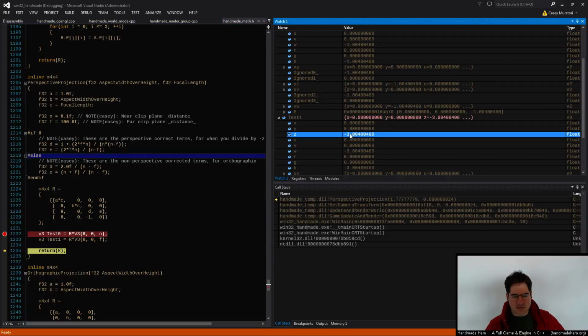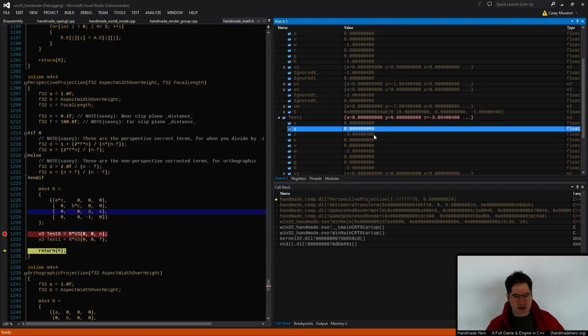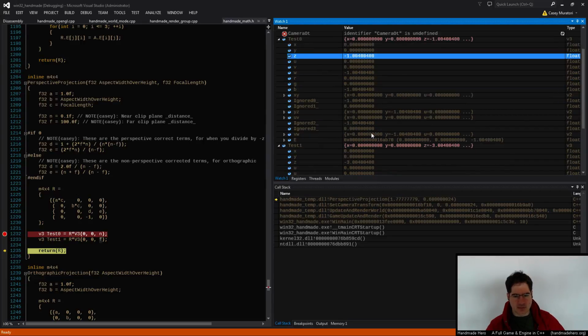Because we derived these two equations, right, thinking that the divide by z wouldn't occur. And so when we did the matrix math for those, we were assuming that the z value itself should come out to, when we plug in the near and far clip plane, we were assuming that the z value itself would come out to be -1 and 1.